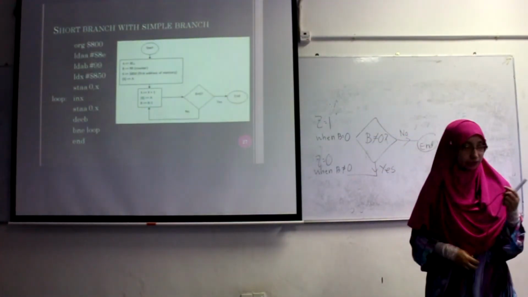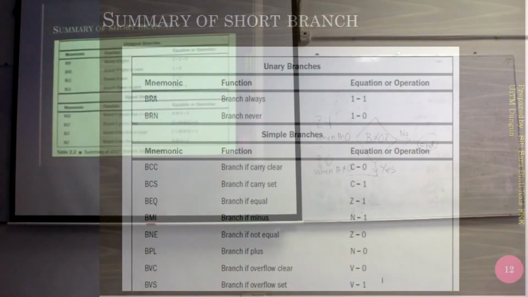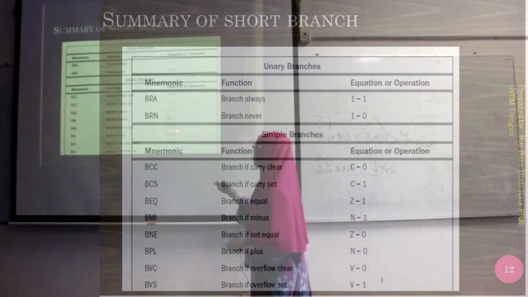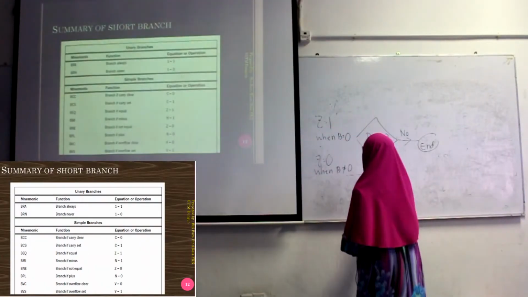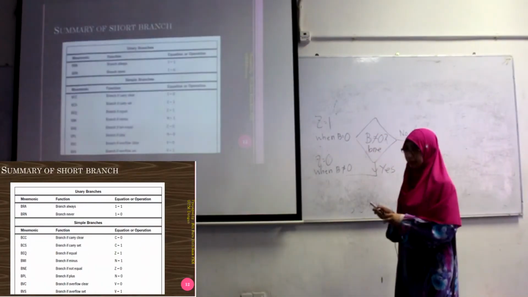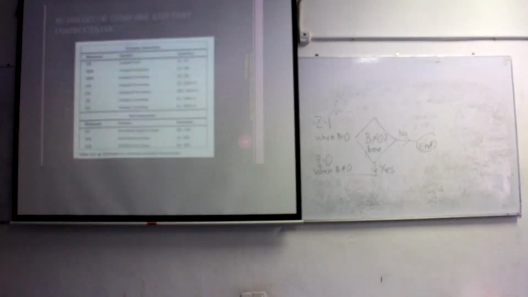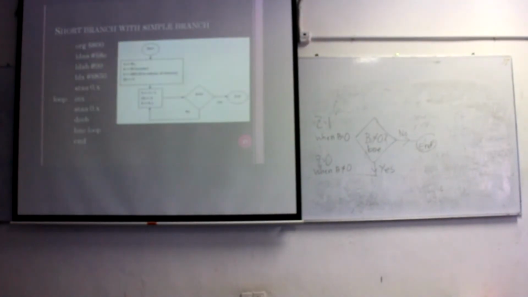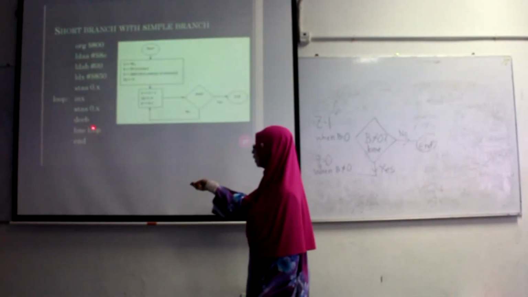So look back at our table. When Z equals 0, we have to use BNE. So our instruction is BNE, branch not equal. Now we have a branch not equal loop.